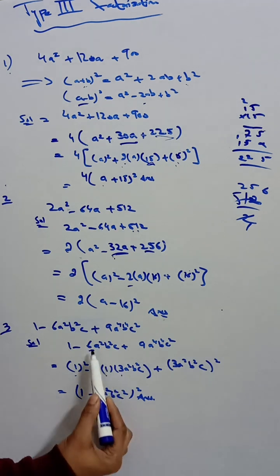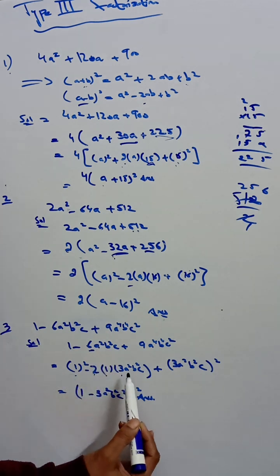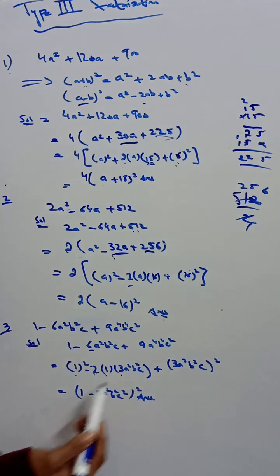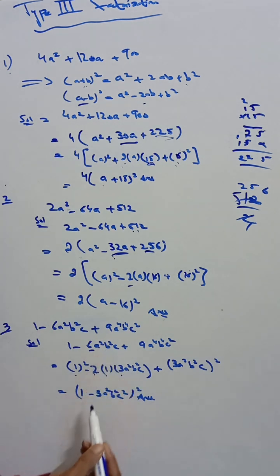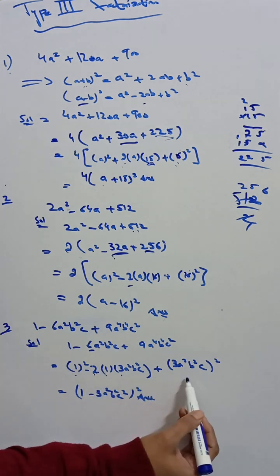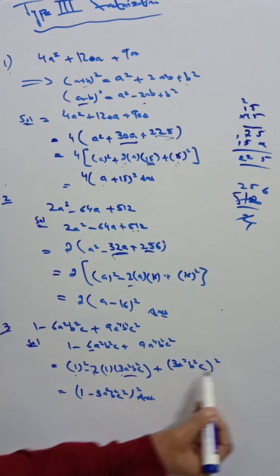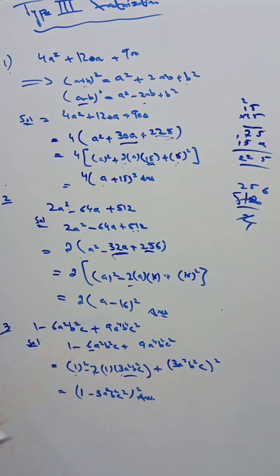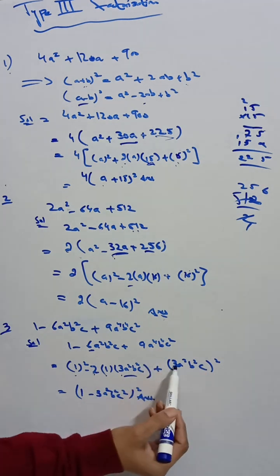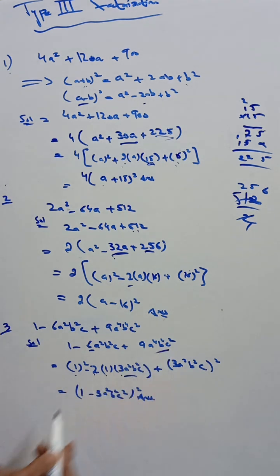Now 6A square B square C, you will write all the variables: A square B square C. What will be the B square? This one, 3A square B square C whole square. If you open it, it becomes 9A to the 4 B to the 4 C square.